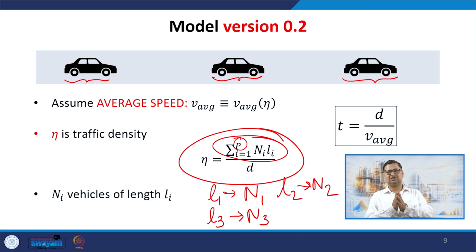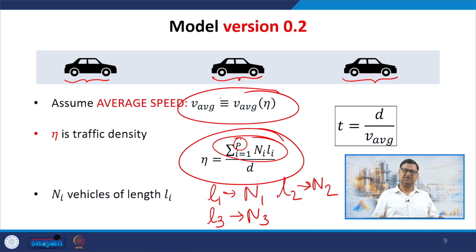So eta equal to 1 is the maximum possible value, and a smaller value of eta naturally means free traffic. When eta is close to 0, we are in a condition of free traffic that we had earlier, right. So now I can think of the velocity of the car or the speed of the car as some function of this eta, the traffic density.